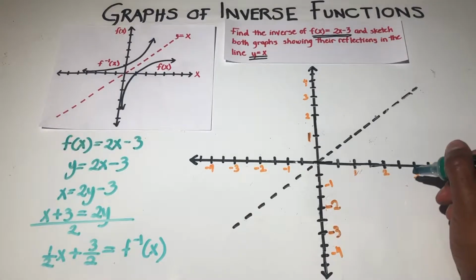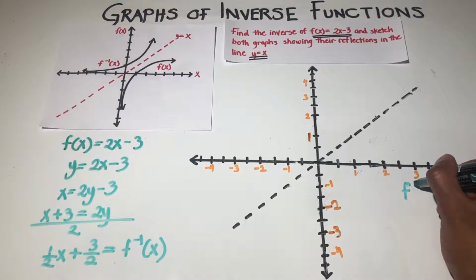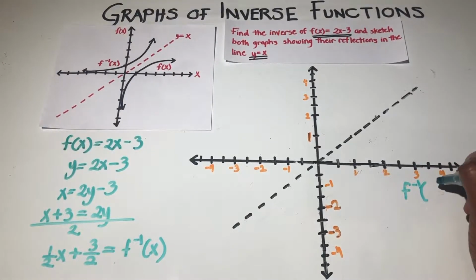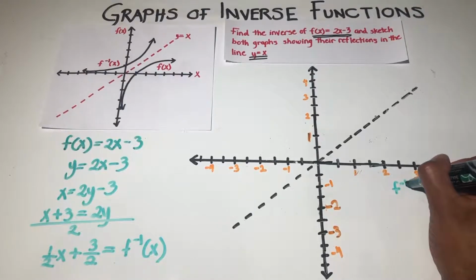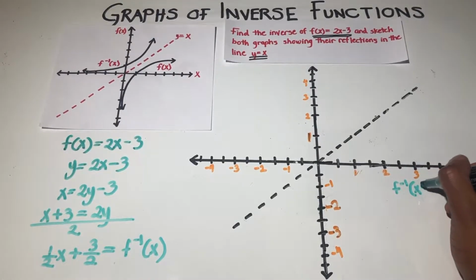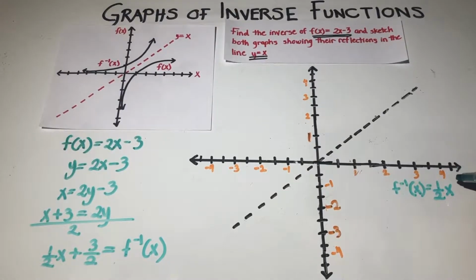I'm going to write this here because I'm going to erase this. We have f inverse of x is equal to one half x plus 3 over 2.